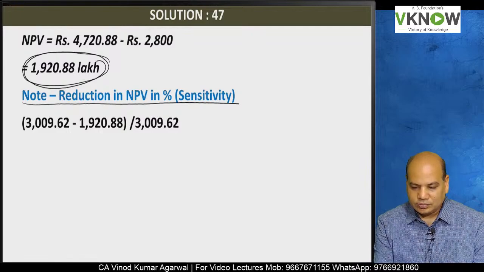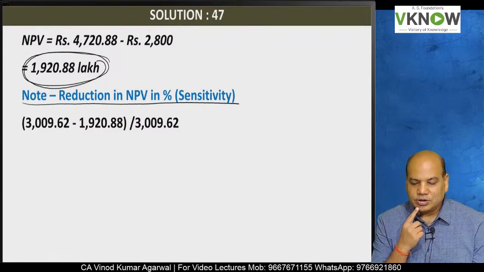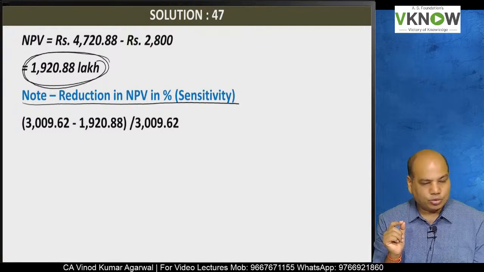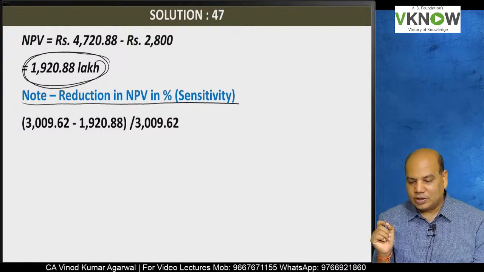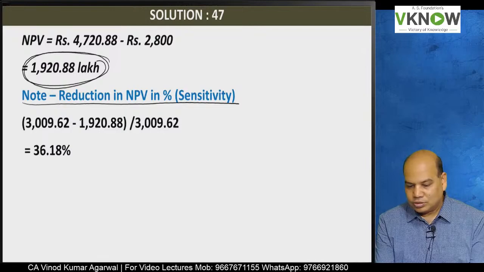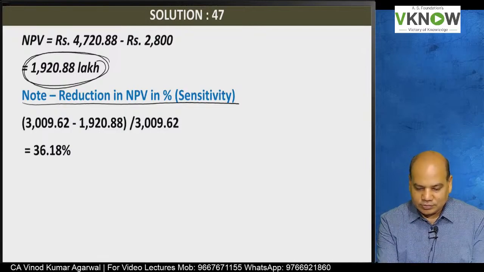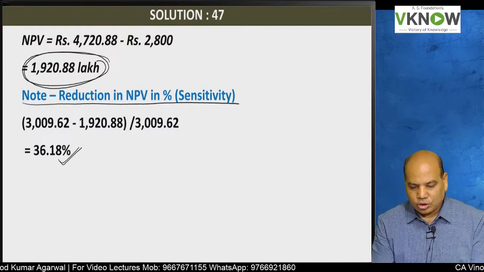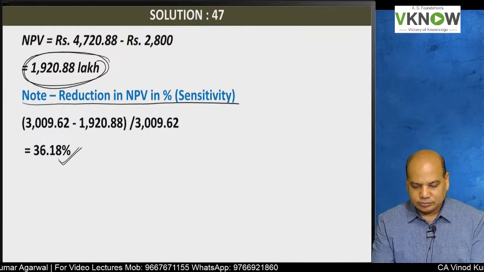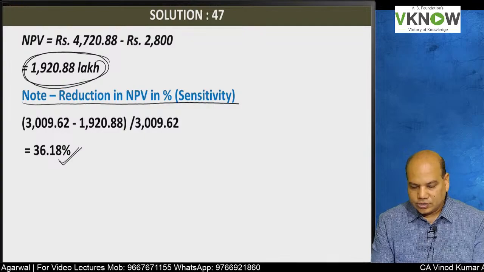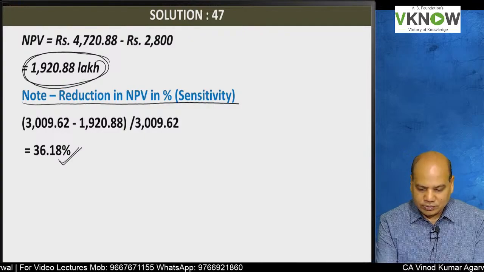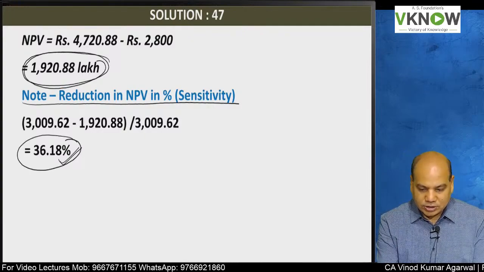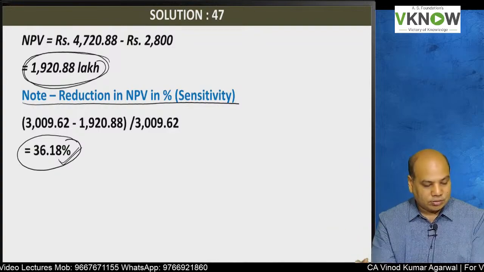The answer is 3009.62 minus 1920.88 divided by 3009.62. The answer is right. Wonderful. 36.17 or 18 is okay. This is right. Okay, so the same thing we have to do now.